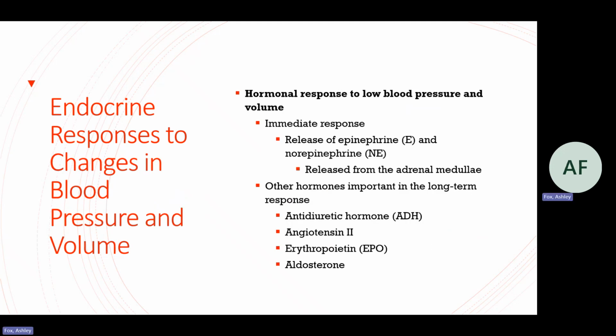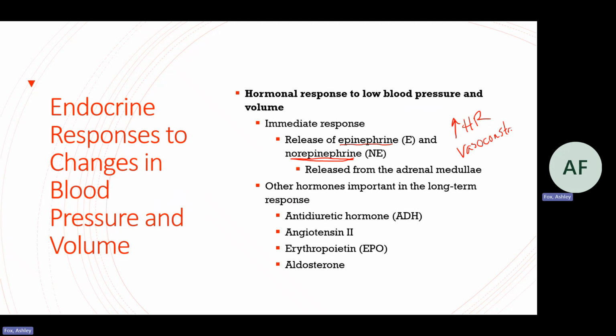So how do we respond first to low blood pressure? First is going to be our catecholamines, or epinephrine and norepinephrine. So these are going to be more quick to respond, and they increase heart rate, and they're going to cause vasoconstriction.